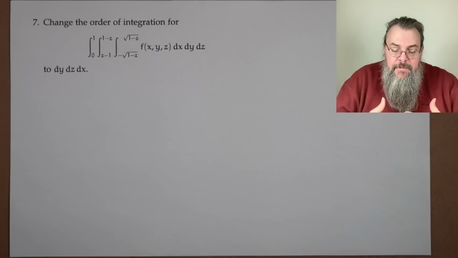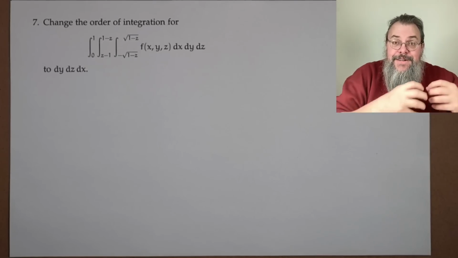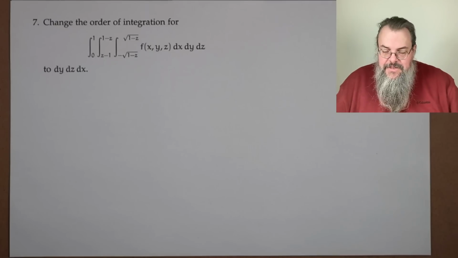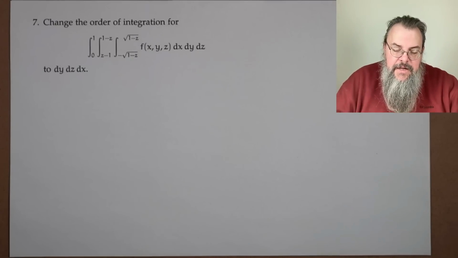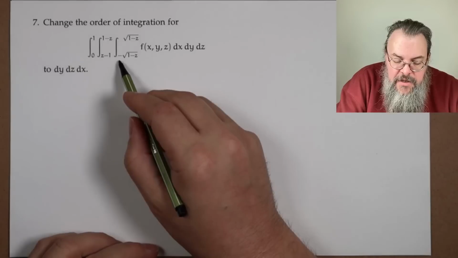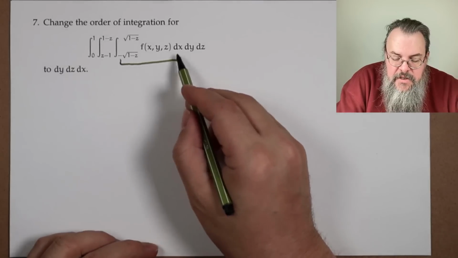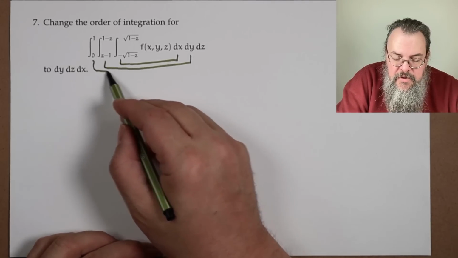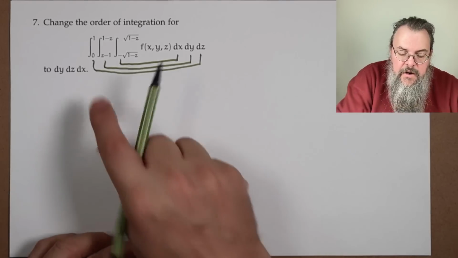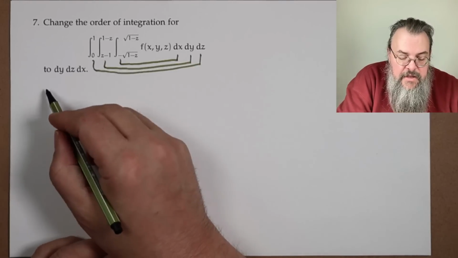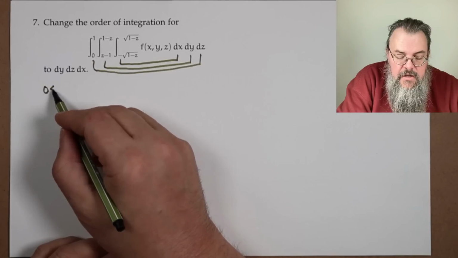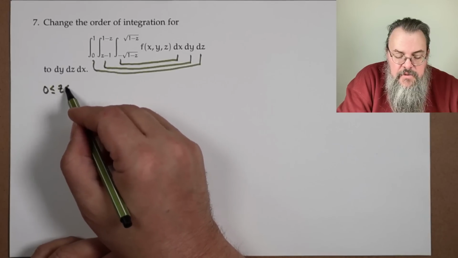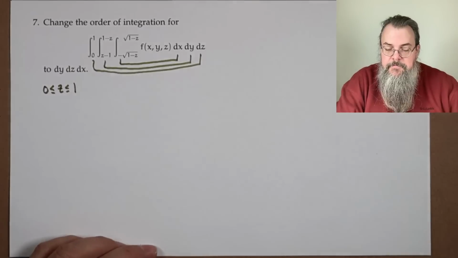But now, once we've oxygenated ourselves through our deep breathing, where do we go? Well, we're going to start by saying, what are our current bounds? So let's go ahead and figure that out. And remember, the bounds are being stored in our integral signs. So we have our relationships. So our outer layer tells us that z is currently going from 0 up to 1.